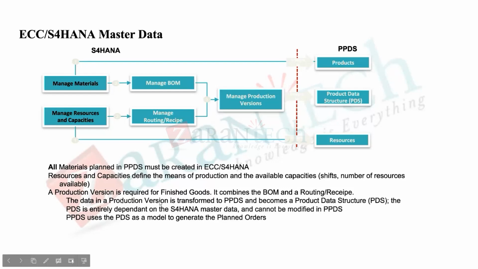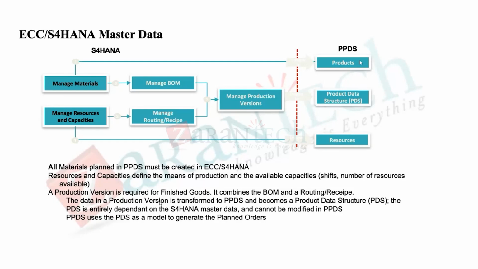Consider the case of iPhone 15. iPhone 15 is a product, so it's a material in ECC. I would send it as a product to PPDS. But for all the raw materials of that product, I am not doing the scheduling, and I am not bothered about when they are available, nuts and bolts and so on. So I wouldn't send them to PPDS.